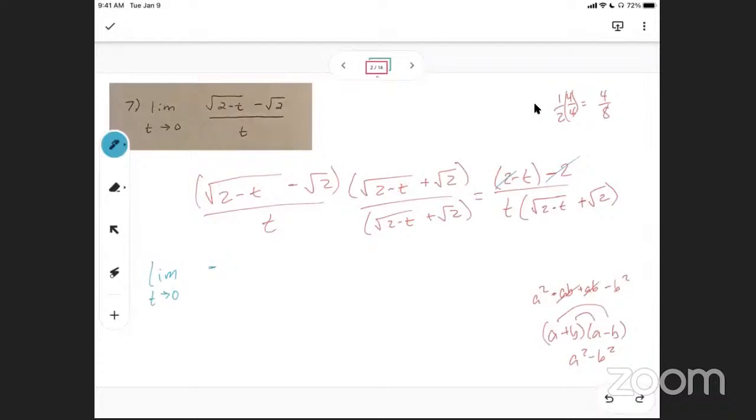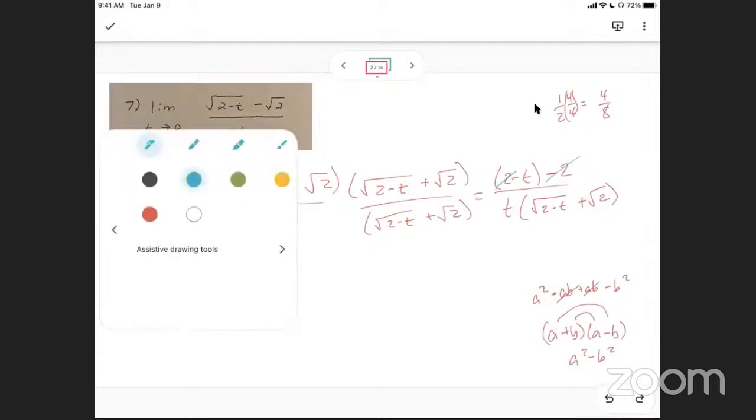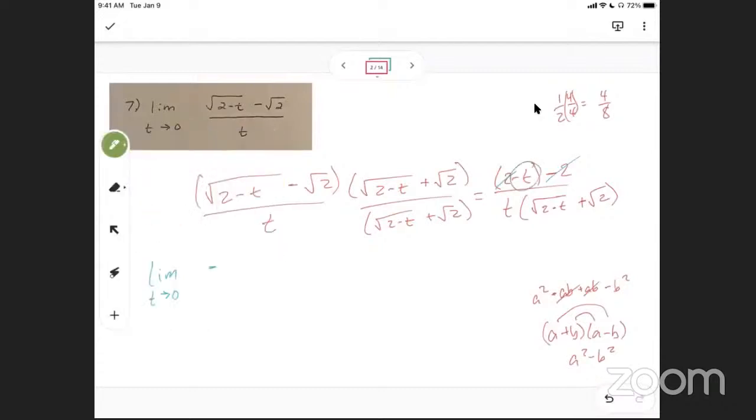What happens then with this -t and this positive t down here? The t's cancel, and then it's just -1. Exactly. Good job. So the top is -1, and on the bottom, all I have is just that mess.